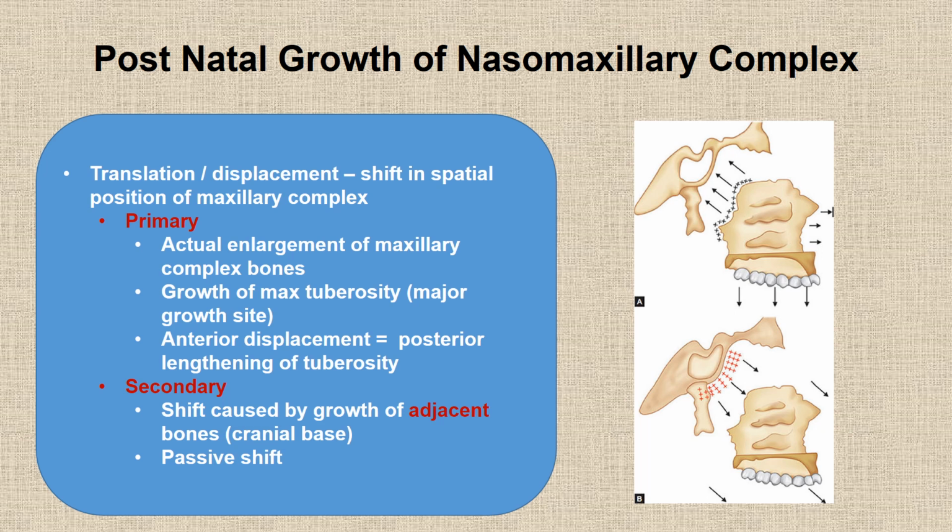Now, secondary translation means the shift in the position of the nasomaxillary complex is caused by the growth of adjacent bones, in which case this is the cranial base, and this is a passive shift in response to the growth of the cranial base.